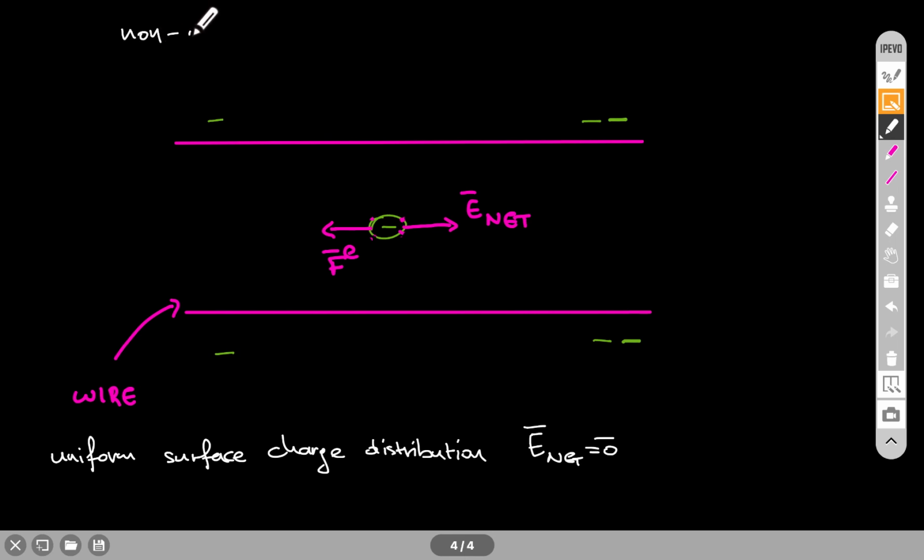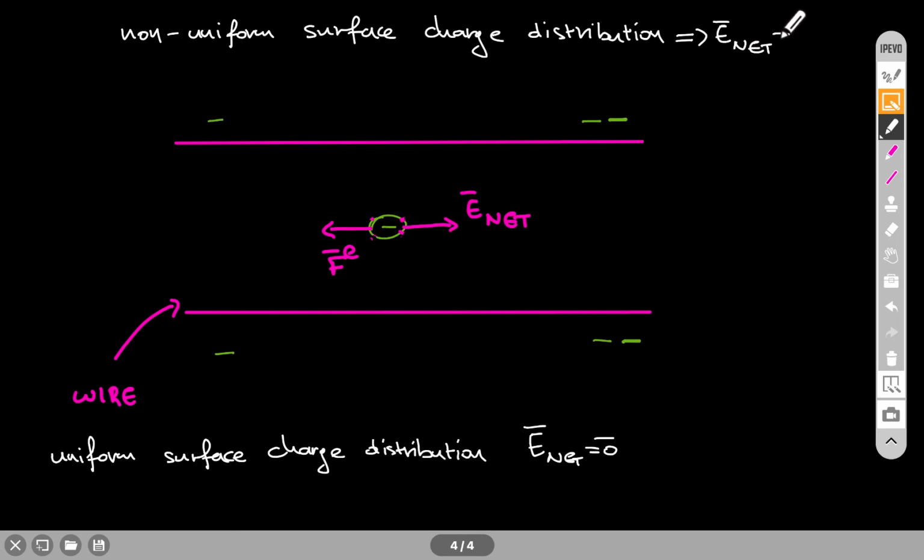A non-uniform surface charge distribution will give you a non-zero net electric field inside your wire, and this is going to make your electrons move. This is what's going to give you the current in a wire.